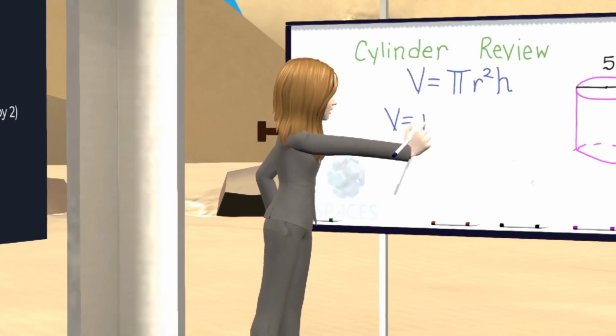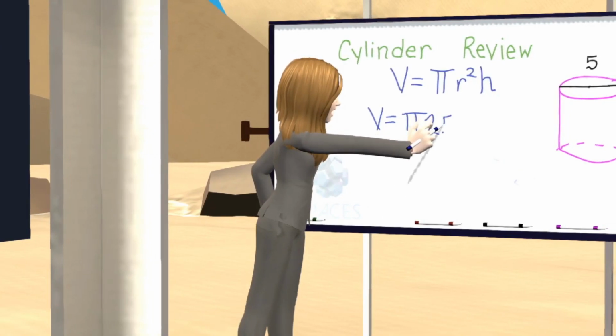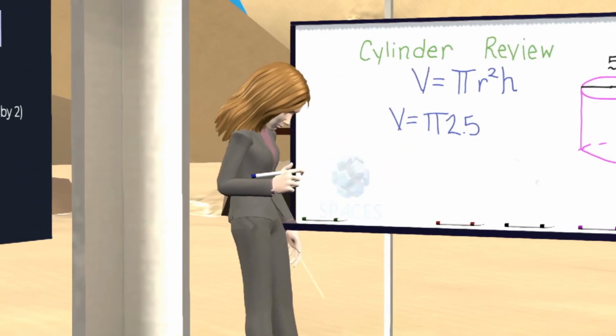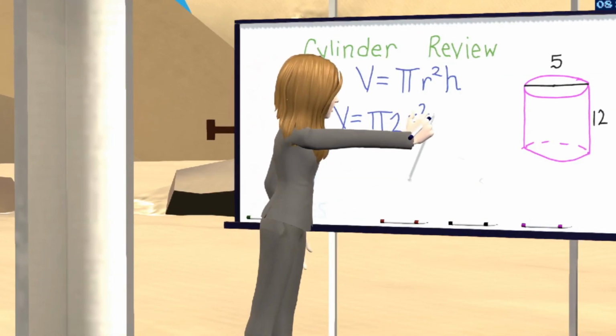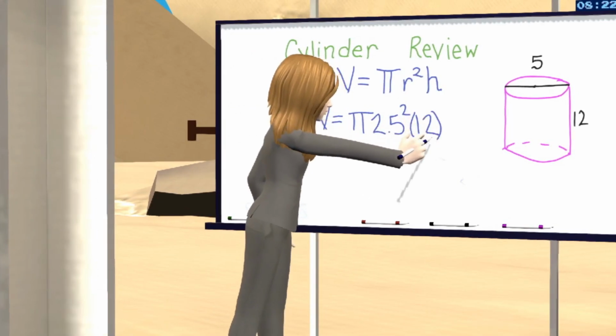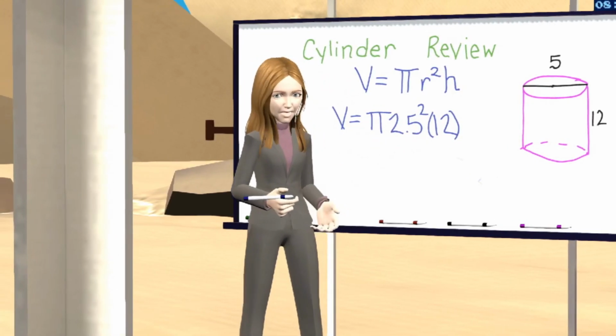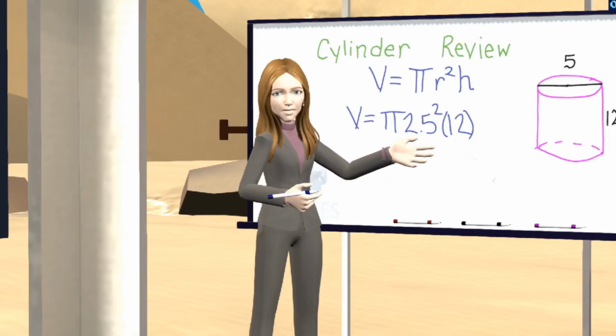Volume equals pi times 2.5 squared times our height, which is 12. All right, so take out your calculator, your phone, the calculator on your laptop, and let's plug this in.